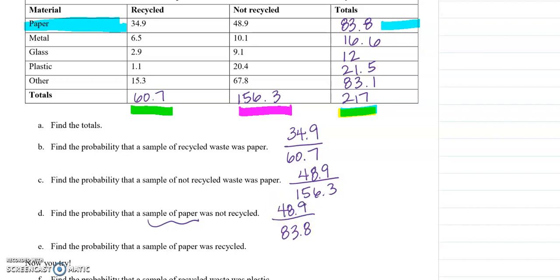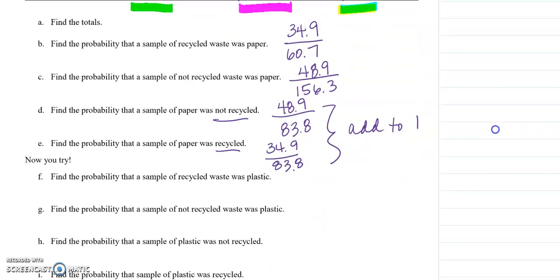And letter E, find the probability that a sample of paper was recycled, so 34.9 over 83.8. These will add up to 1, because you're dealing with paper for both of them, and there's only two options. You either have not recycled or recycled paper, and so together they have to meet all of the tons for paper.